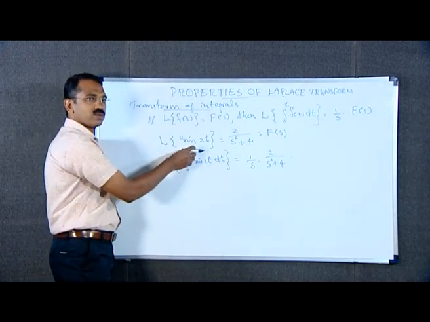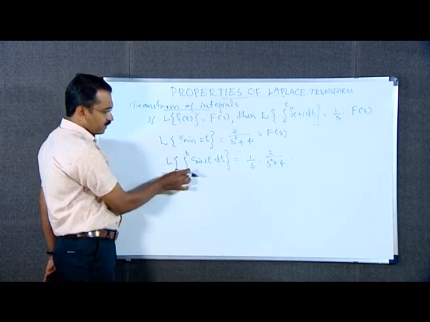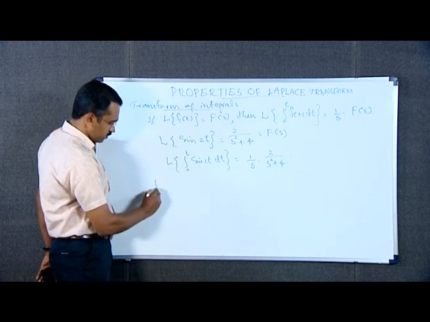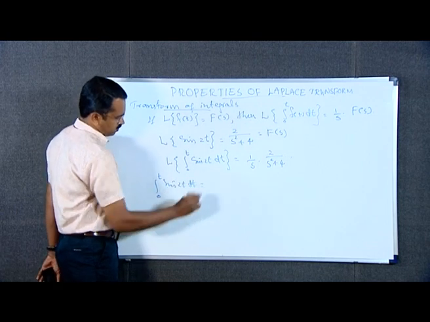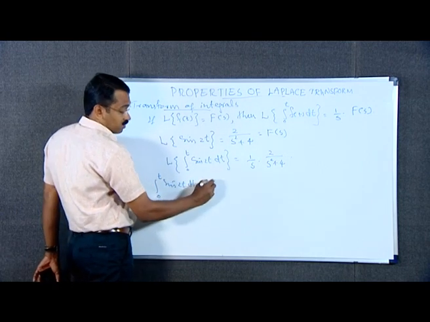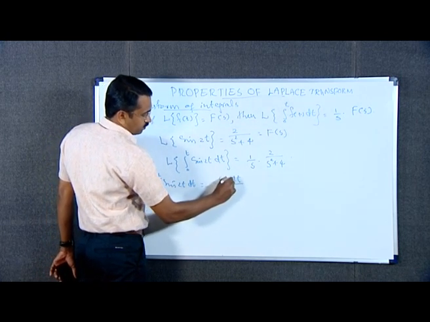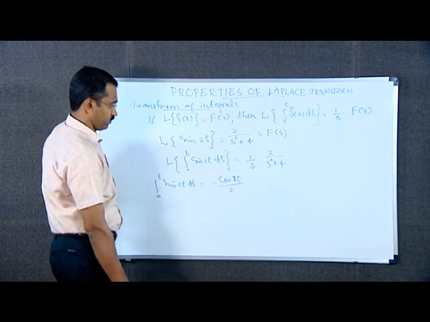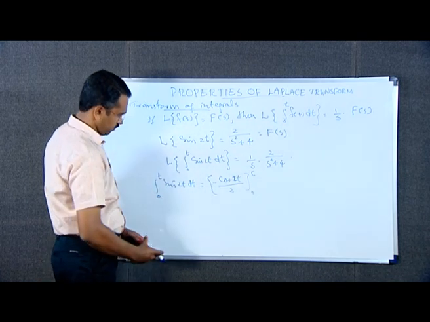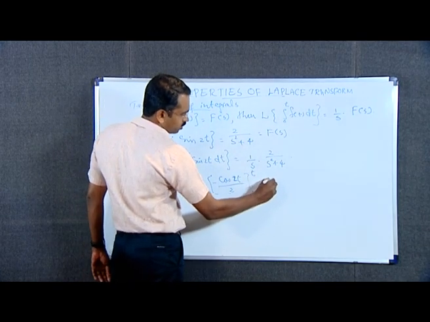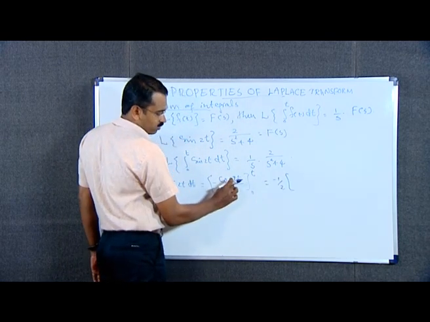We can verify this because the integral from 0 to t of sine 2t is, the integral of sine is minus cos 2t divided by 2, between the limits 0 and t. This is equal to minus 1 by 2 taken outside, into cos 2t.